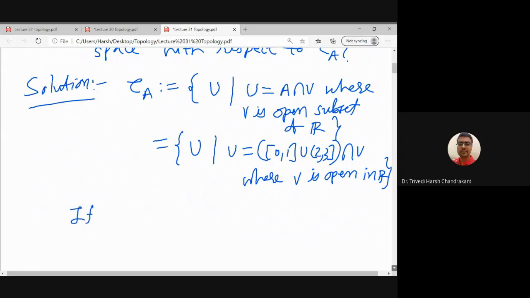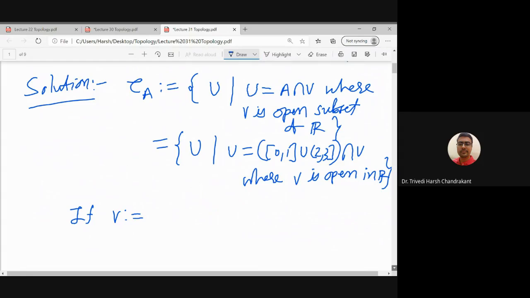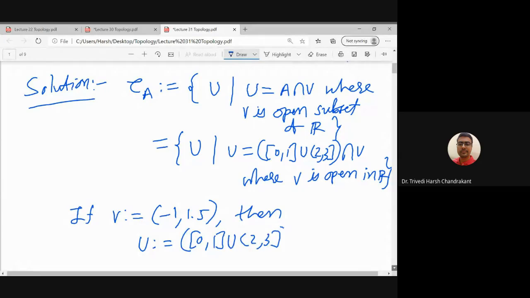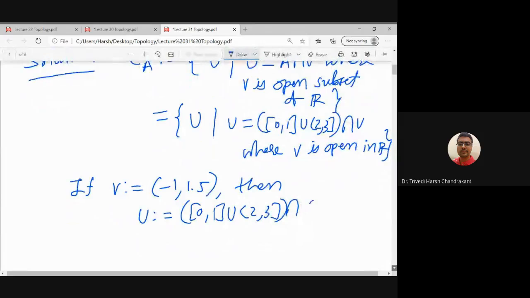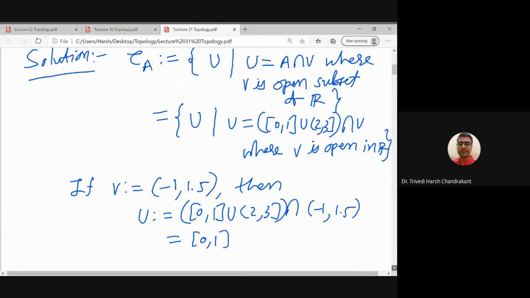So if I take V equal to the interval around the closed interval 0 1, let us say -1 to 1.5, then we get the open set U to be 0 1 union 2 3 intersection V. So V is, in this case, -1 to 1.5. And when we take the intersection of these two sets, we will get essentially 0 1. So this is open in this topology.